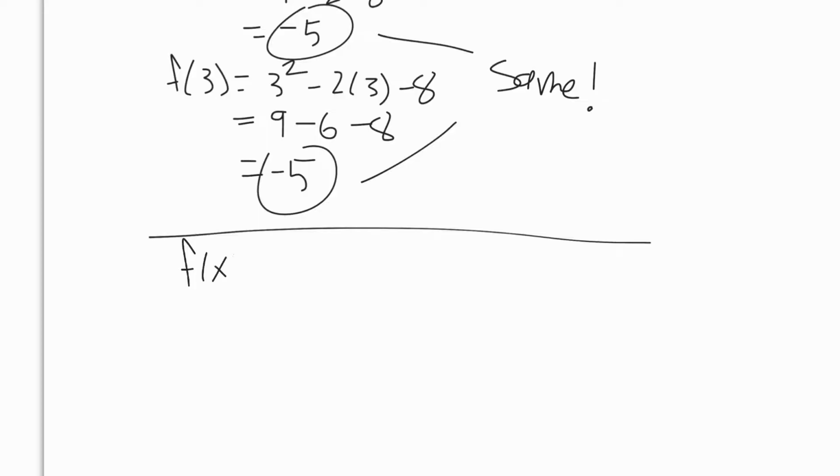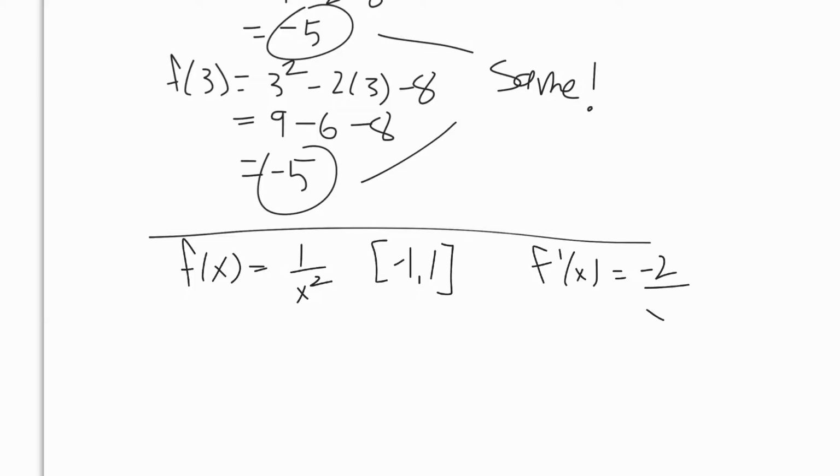f of x equal to 1 over x squared. The interval was -1 to 1. And just if you would have tried, right, the derivative of this, if you simplify, will be -2 over x cubed. That's certainly never going to be 0 because the numerator, -2, will never be 0. But if you try to find f of -1, you're going to get 1 over -1 squared, which equals 1.